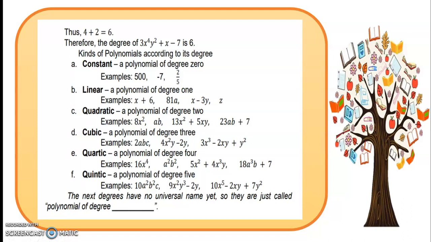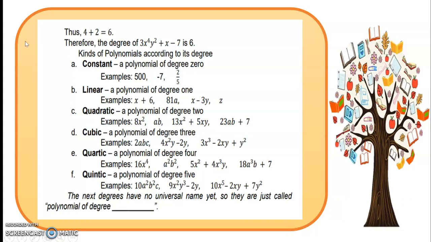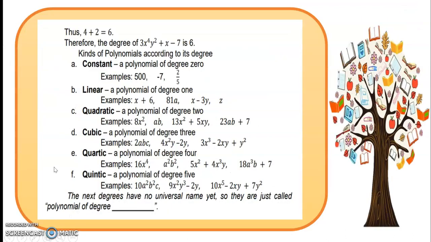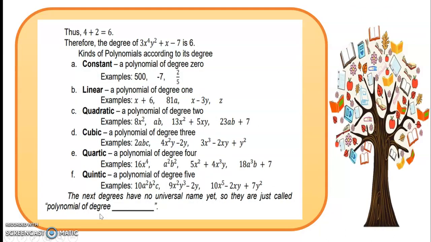So, that is how we get the degree, if we have 2 or more literal coefficients. But if there is only one variable, the degree is the highest exponent of the variable in a term. So, earlier, our example 3x to the 4th y squared plus x minus 7 has two variables, so we add their exponents, 4 plus 2, we get 6.